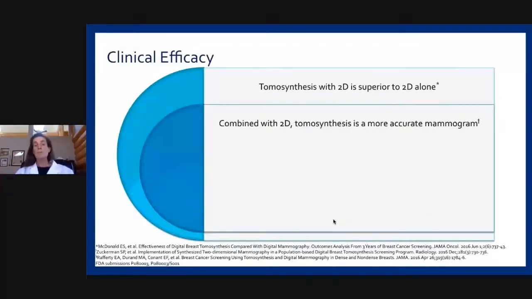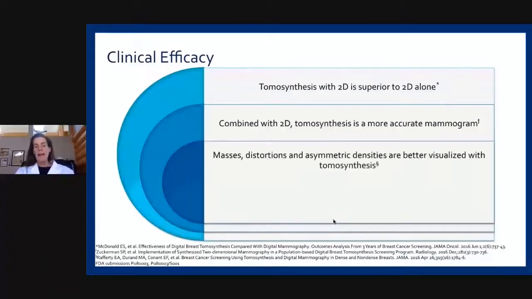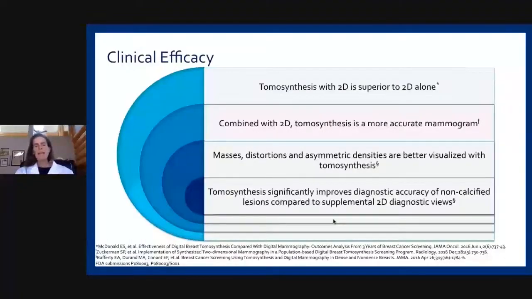And when you do both the 2D and the tomosynthesis, again, it's going to be more accurate for our patients. We can see areas definitely better with tomosynthesis, just because we're taking away the overlying tissue. So those areas of distortion we're able to see much better. And again, helping all radiologists across the board really perform better.